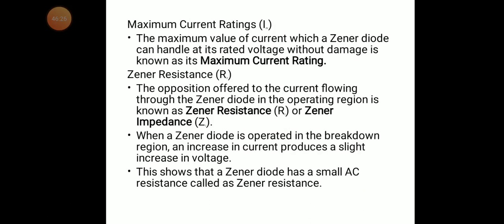We also need the maximum current rating and the amount of Zener resistance offered by the Zener diode, so that we can choose the perfectly suitable Zener diode for our application without any errors.